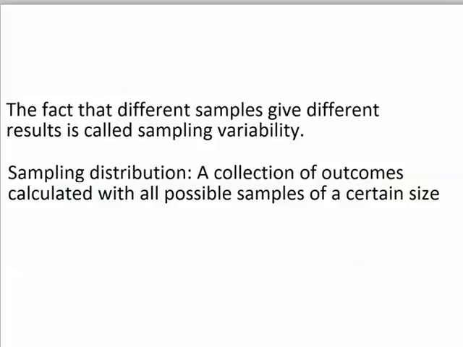Basically, whenever you calculate any type of value with data from a random sample, the sampling distribution includes the value of your actual sample along with the value of every other sample that could have been selected but was not actually selected. At this point, I wanted to mention that in statistics, it's important to understand the idea of a sampling distribution, but it's actually not necessary to be able to create sampling distributions.